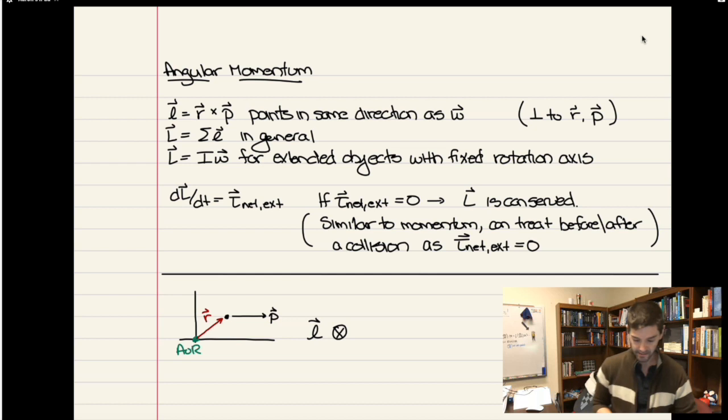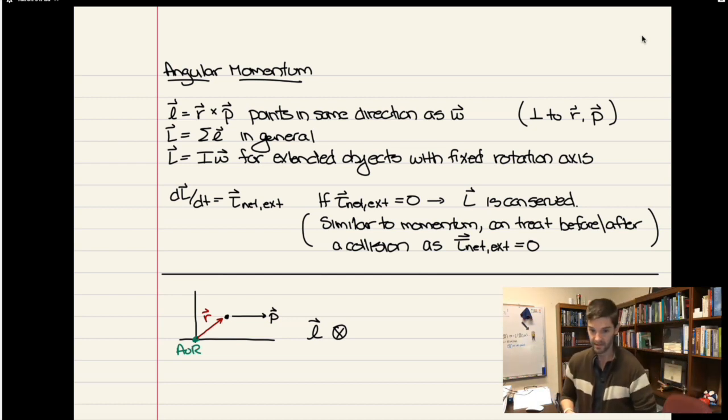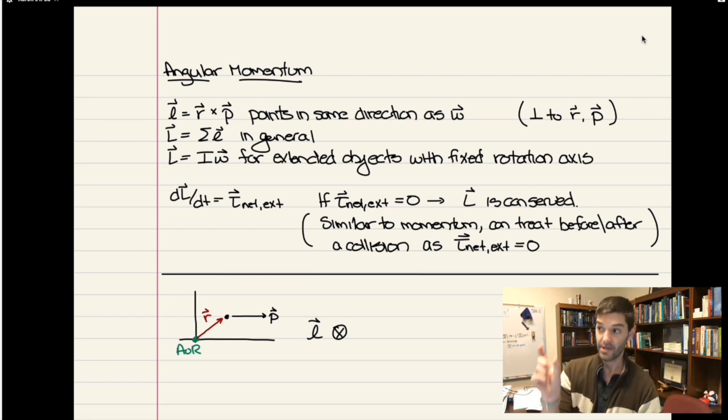Here, angular momentum is I times omega for extended objects, with the caveat that their rotation axis is not changing. If the rotation axis is changing, you have to be more careful because the rotational inertia is changing in that case. So you can't just write down L equals I omega. You have to treat both the inertia and omega as a function of time.